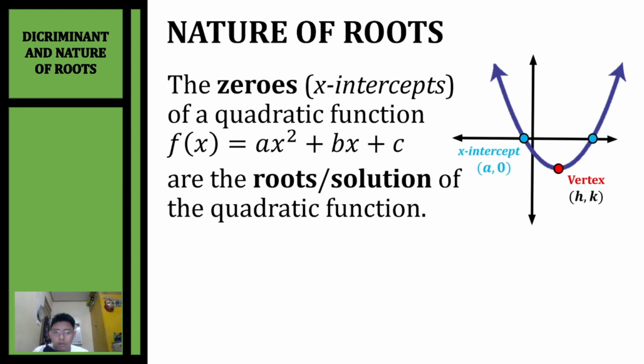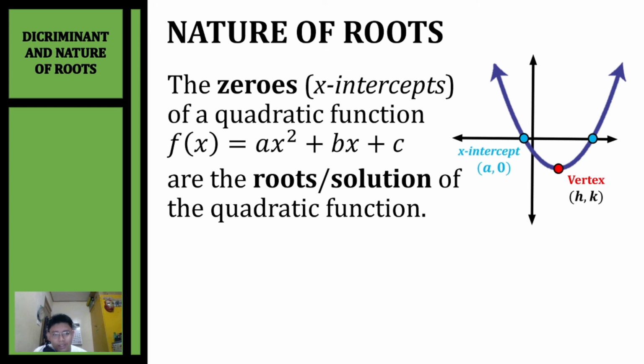When we say nature of roots, we will be identifying what type of zeros we are going to have. Are we going to have two x-intercepts, one x-intercept, or no x-intercept at all? Real zeros or imaginary zeros? Rational zeros or irrational zeros?